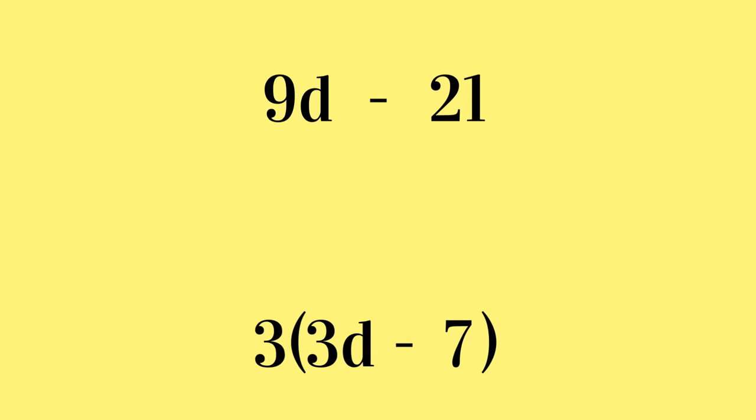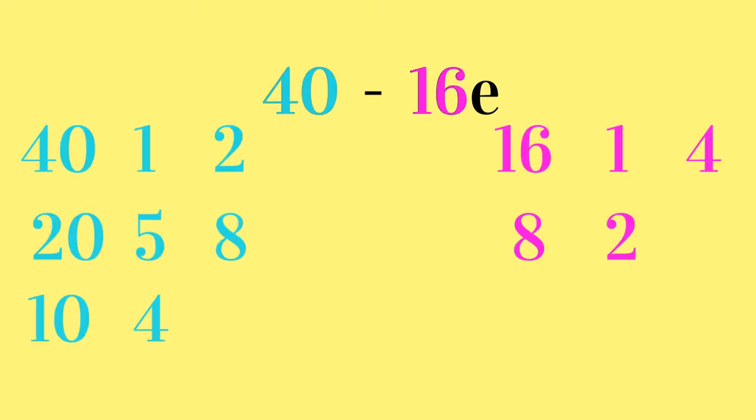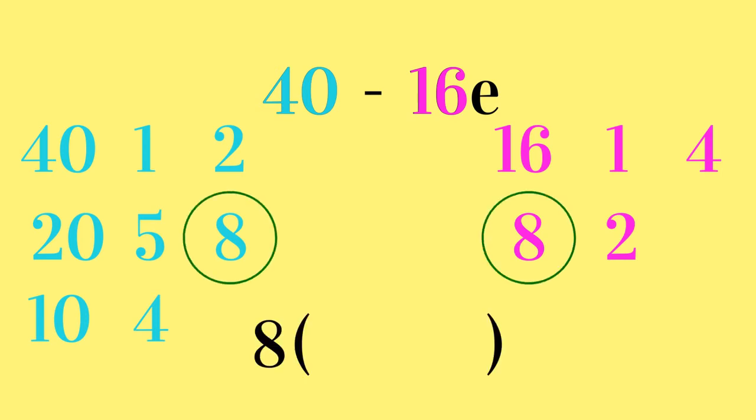Here is another example. If we factorise 40 subtract 16e, the highest common factor of 40 and 16 is 8, so 8 goes outside of the brackets.